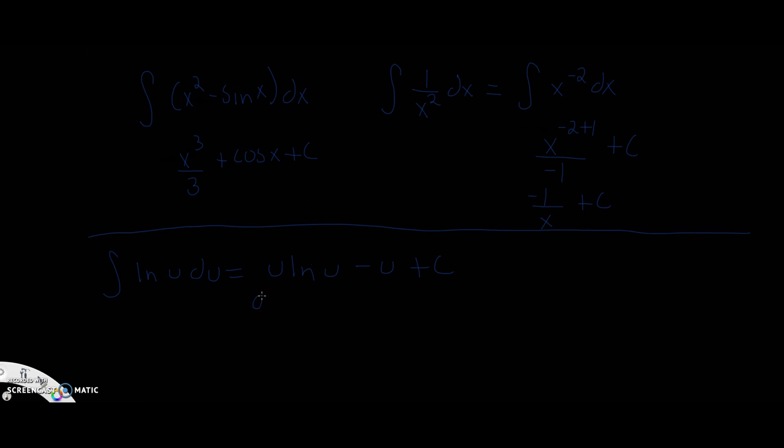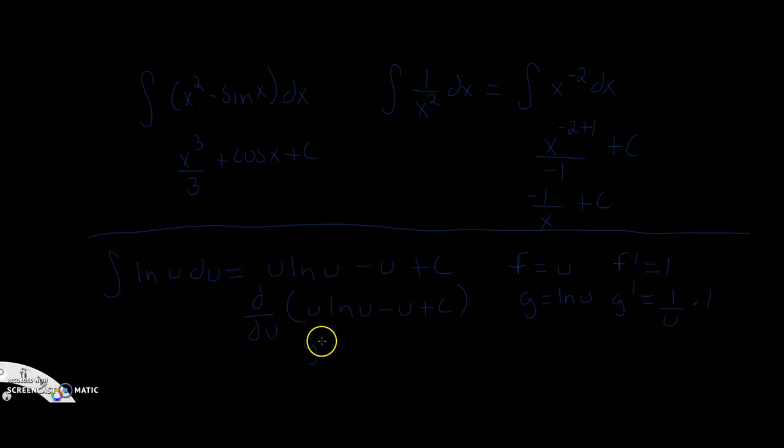The way that you check this is you take d du of big F of u, which is basically the function that you have above. Let me write this down. Let f equal u, so f prime is going to equal 1. Let g equal ln of u, so g prime is going to equal 1 over u times 1, which is just 1 over u.